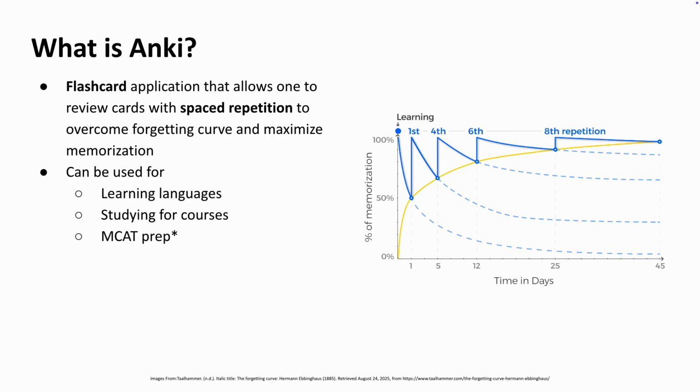It gives you a choice of things to do, which I'll show you later. You can say it's very hard, it's easy, it's good. Depending on that answer, it will change the repetition terms. That's what's really good about this application. I personally prefer this over Quizlet because it has that function.